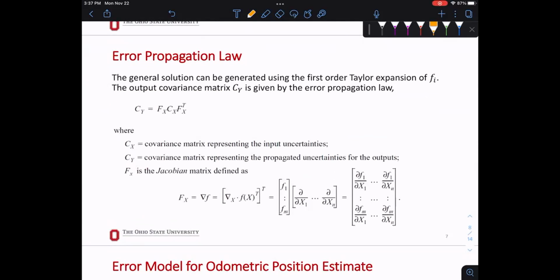So generally, we can use the first order Taylor expansion, and then we write Cy, the covariance matrix for the output, equal to Jacobian times the covariance matrix of the input multiplied by the transpose of the Jacobian, so it's sandwiched in there, right? Now, the covariance for the input uncertainty and output uncertainties is something that you'll have to either be given or you assume something, depending on what kind of error you have in your input, you will come up with a covariance matrix for it, right?